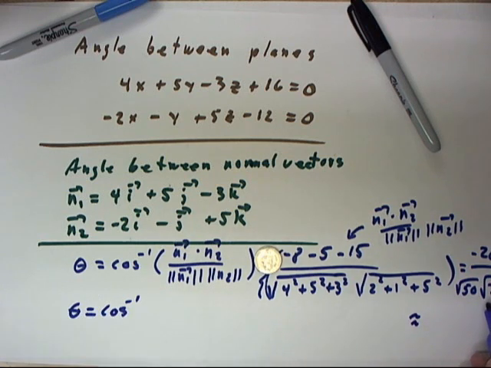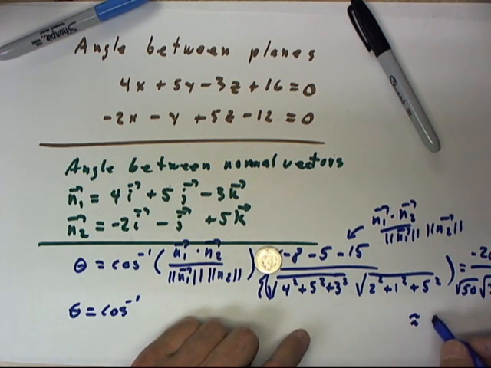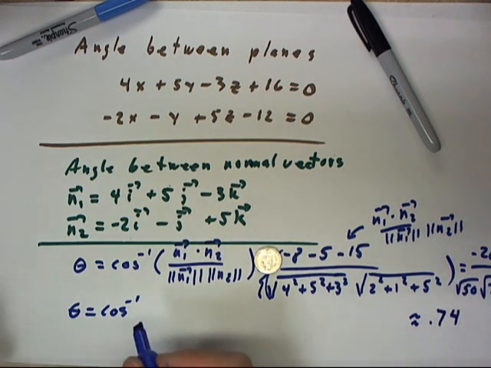The square root of 1500 is about 37. Going to say that's not quite 1.5. So we're going to say that's about 0.7. Okay, actually maybe a little bigger than 0.7, 0.74. You can work that out.